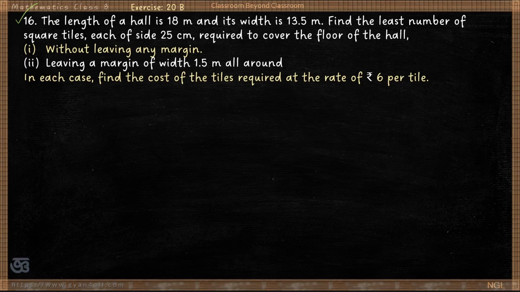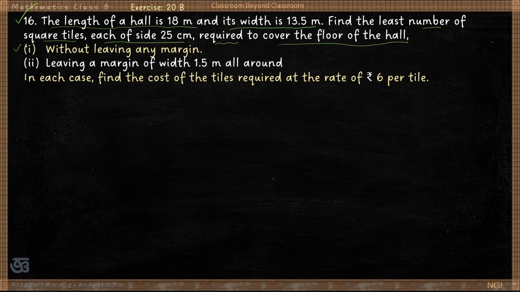Question number 16. The length of a hall is 18 meter and width is 13.5 meters. Find the least number of square tiles, each of side 25 centimeter, required to cover the floor of the hall.